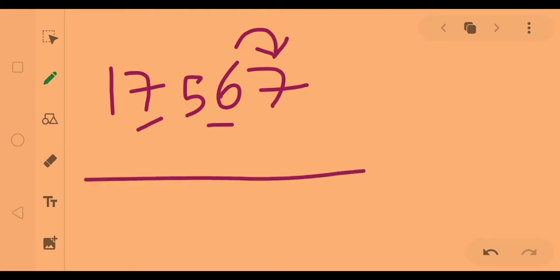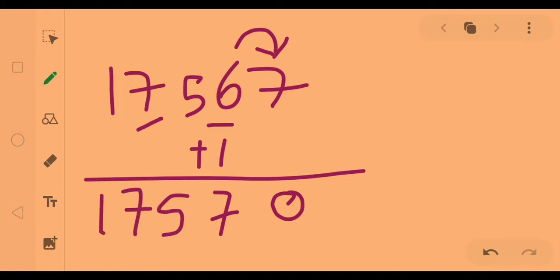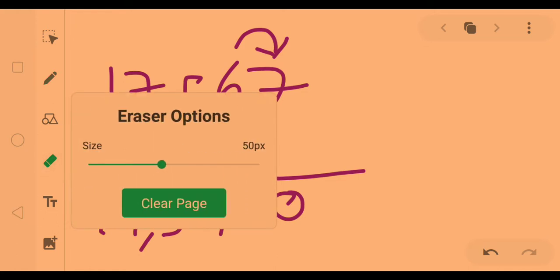The condition is, if the digits are 5, 6, 7, 8 and 9, we add 1 to the underlined digit, that is the tens place digit. The previous place digit, whether we are rounding up or down, will be 0. 6 plus 1 is 7. The digits before 6 remain the same, so 175. So 17,567 is rounded to 17,570.